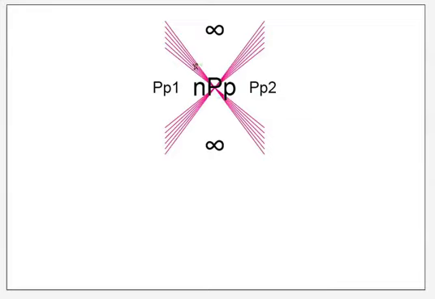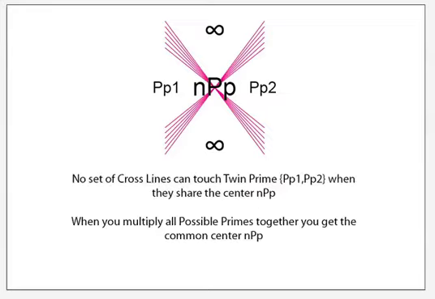The pink X's represent the cross lines sharing the common center of NP sub p. And the infinity symbols at the bottom and at the top show that these cross lines extend on forever. They don't stop. Now, what does this mean? That's the whole point here.